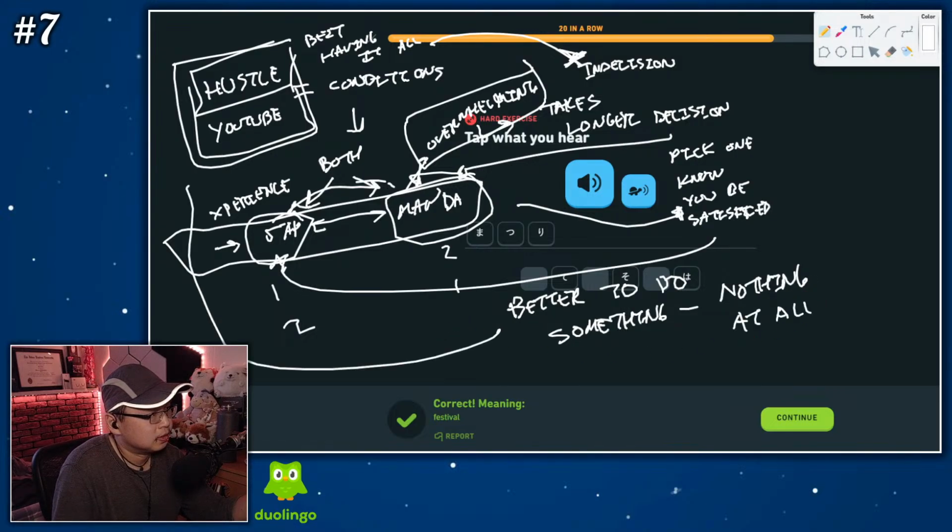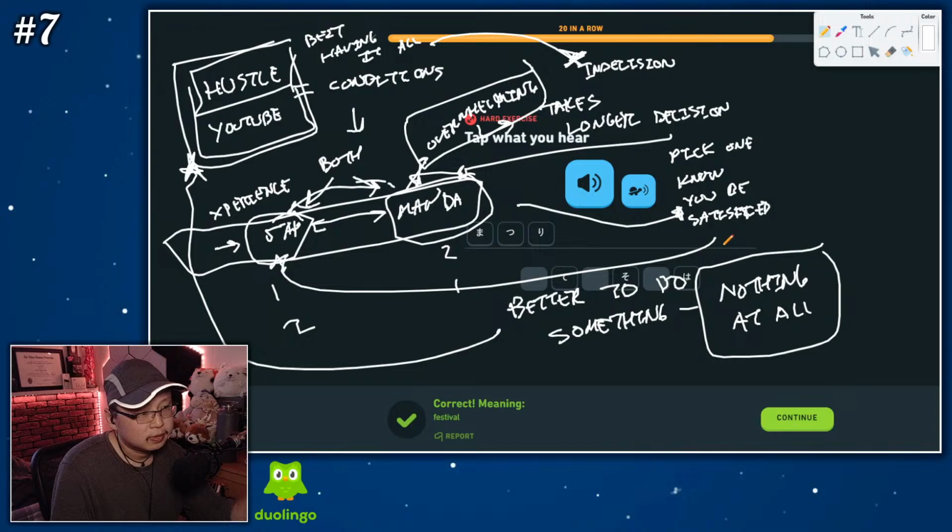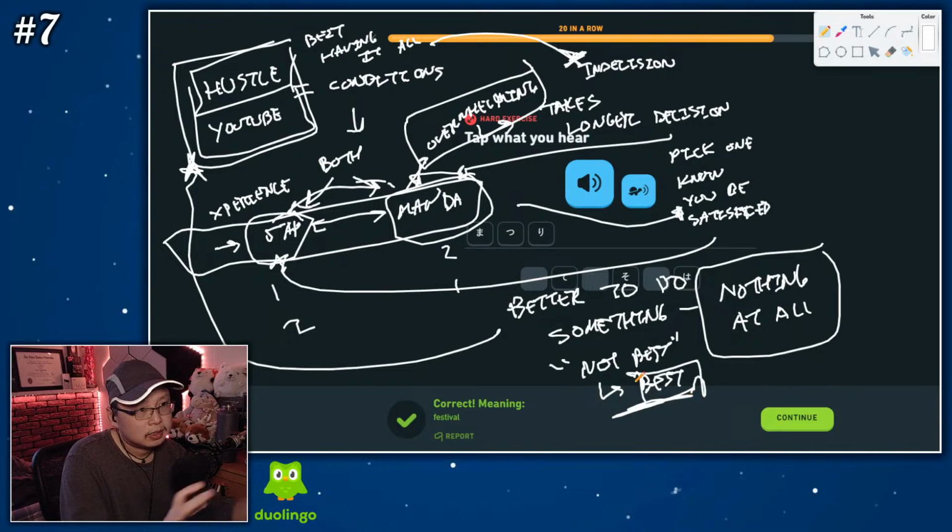And this is why I worry about the hustle culture. When you spend a lot of time thinking about it, it's wonderful that you're thinking about all the things. If you think about it too much, you're going to end up doing nothing at all. So better to do something than nothing at all, even if it's not the best way. In fact, I would encourage people to do not the best way occasionally, maybe most of the time now, because most people are always talking about the best way, the highest value.